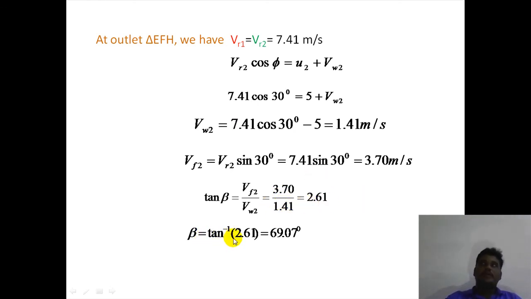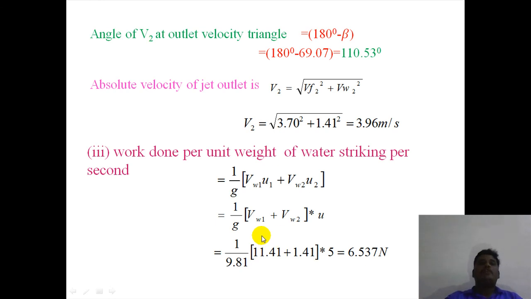From that, beta is equal to tan inverse of 2.61, which is 69.07 degrees. Next, the angle at the outlet velocity triangle is equal to 180 minus beta, that is 180 minus 69.07, which is 110.53 degrees.